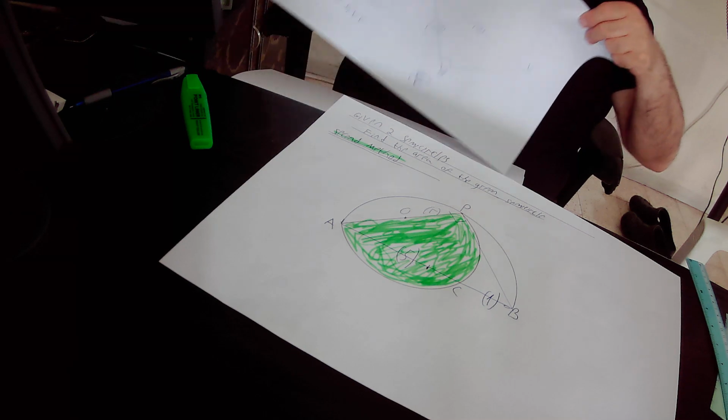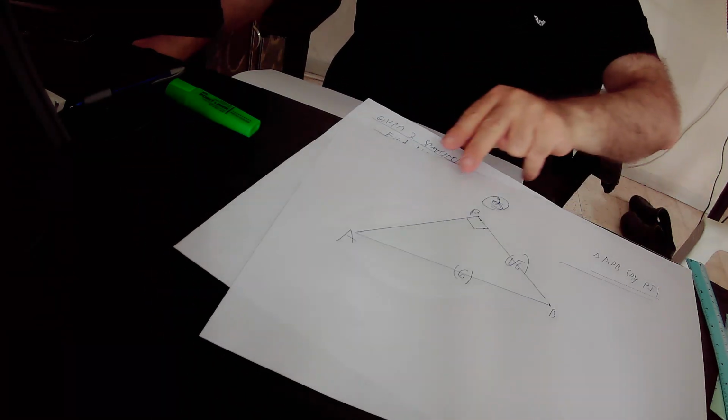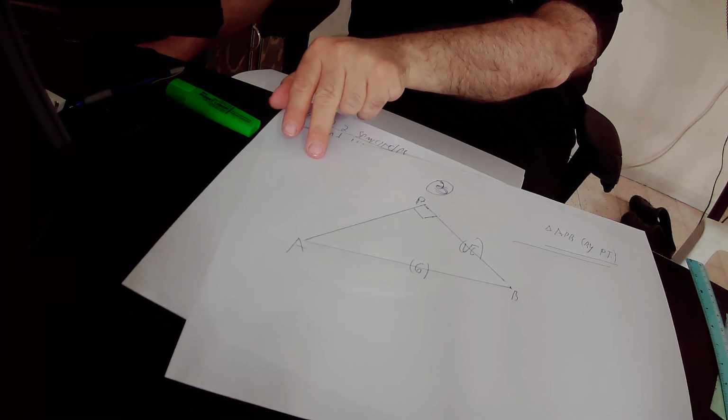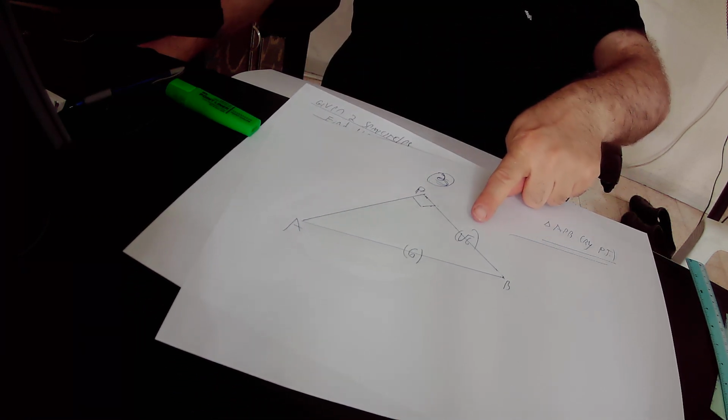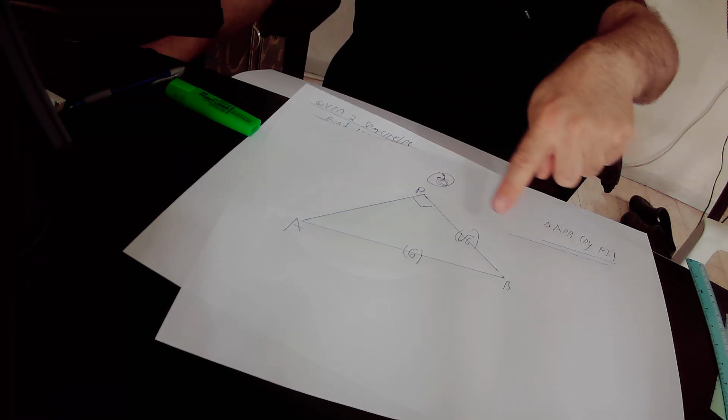So actually, this is the right triangle APB that is coming from the original drawing. Repeat again, PB equals the square root of 6 units in length, and AB equals 6.